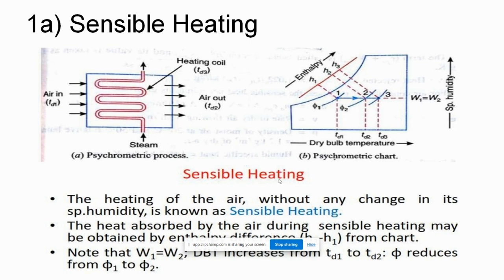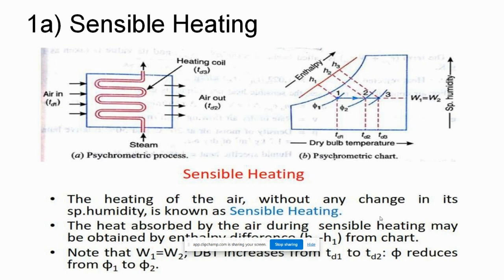The humidity ratio is constant here, W1 equals W2. So this is sensible heating. The heating of air without any change in its specific humidity is known as sensible heating. That is its actual definition.